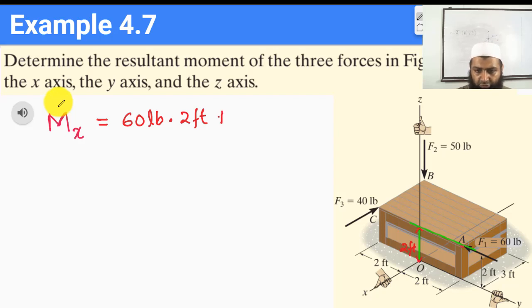Now we look at the second force F2. Again, the perpendicular distance of this force F2 from the x-axis is just this 2 feet.